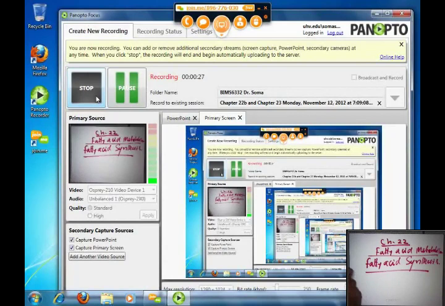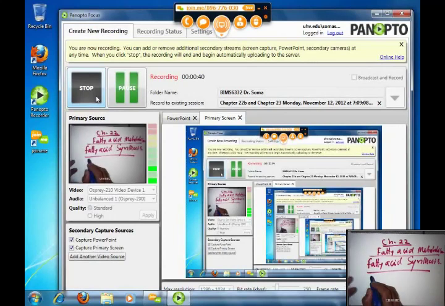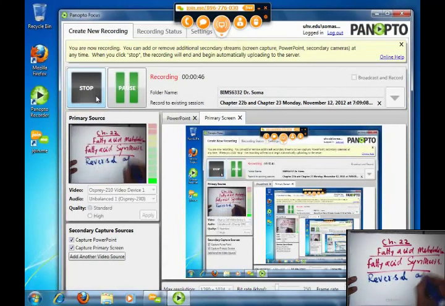Fatty acid catabolism involves 4 steps, right? And the synthesis also involves 4 steps, and that is exactly the reversal of degradation, fatty acid degradation.